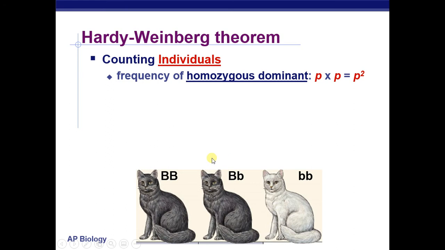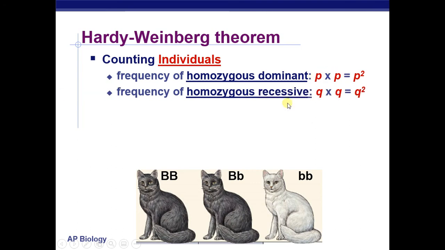The frequency of the homozygous dominant genotype is the frequency of the dominant allele, p times p, or p squared. The frequency of the homozygous recessive genotype, having two recessive alleles, is q times q, or q squared.